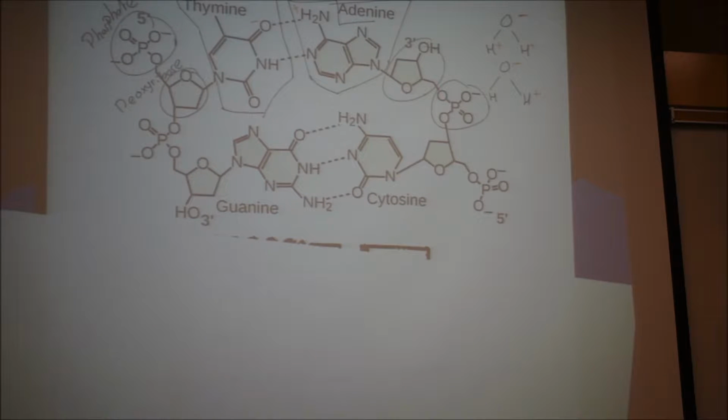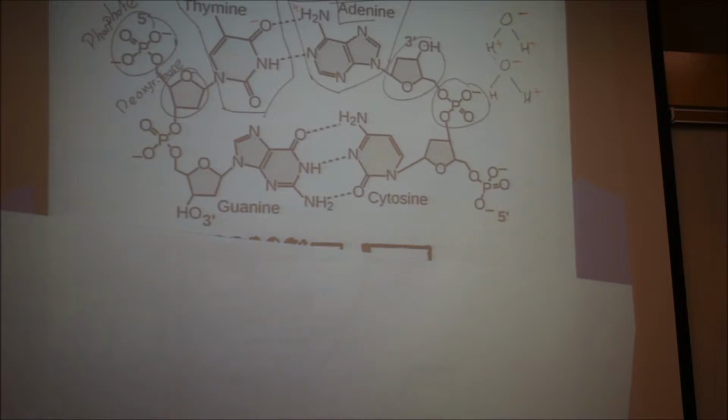Right here, when you look at the periodic table, you can take note that oxygen is number 8 on the periodic table, and that nitrogen is number 7. So they're right next to each other, meaning that they have similar properties. So for all intents and purposes, you can assume that nitrogen is just like oxygen. So it is also going to have a negative charge. Hydrogen is right here.